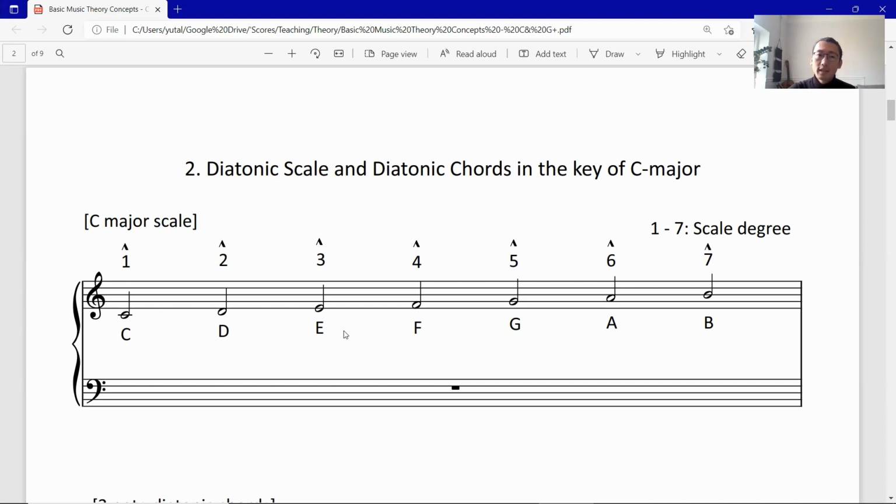Pretty easy, because you just count the letter names from the lower one to the higher one, and find how many letters you went up. So F to B is 1, 2, 3, 4. B is the fourth letter counted from F, so that's a fourth. And so on.